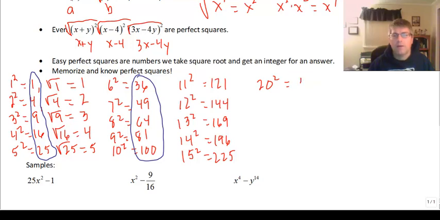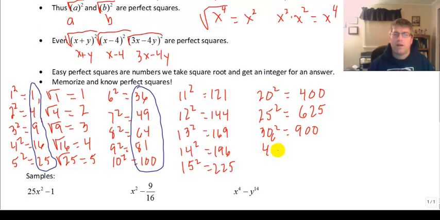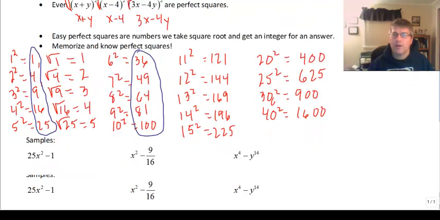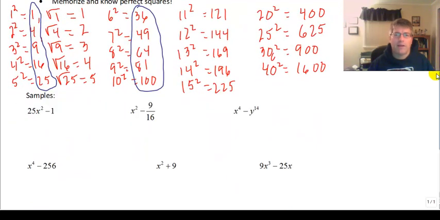Well, 20 times 20 is 400. We know 2 times 2 is 4. We know 10 times 10 is 100. 25 squared, a little tougher. That is 625. So the square root of 625 is 25. 30 squared is 900. 40 squared is 1600. And so on. So those are some perfect squares you should know and recognize.